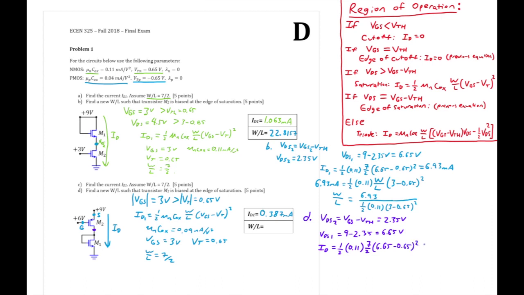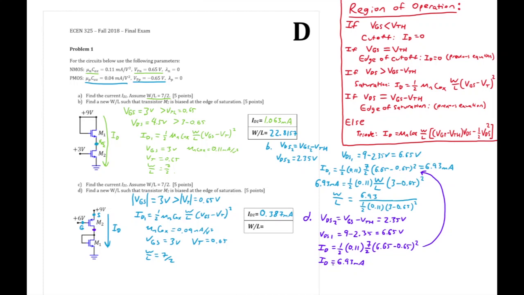And as you can see, we actually used all the exact same values from up here because these problems are very similar. And so we get our ID is just equal to 6.93 milliamps, like we did before.